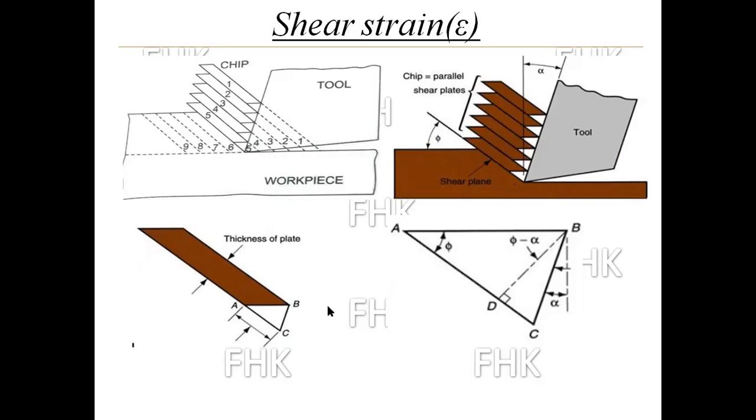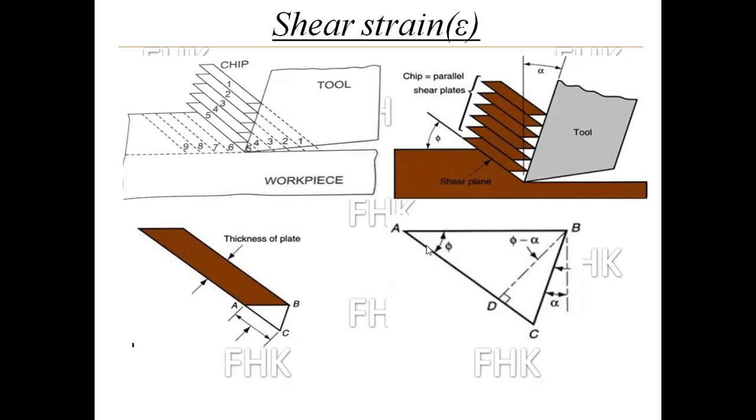The sliding area ABC is for shear strain. In triangle ABC I will draw the perpendicular line BD on line AC, through point B, meeting at point D on line AC.